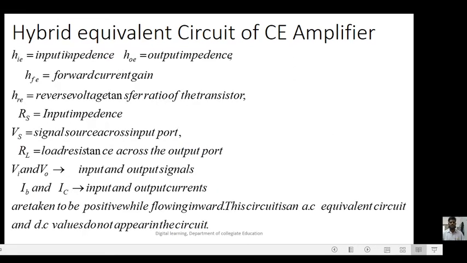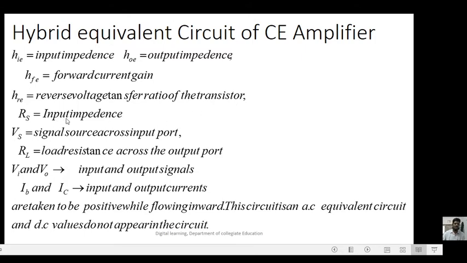So once again we recall the terms. HIE is the input impedance and HOE is the output admittance. HFE is the forward current gain ratio, and HRE is the reverse voltage transfer ratio of the transistor.